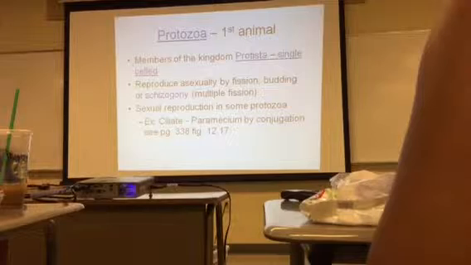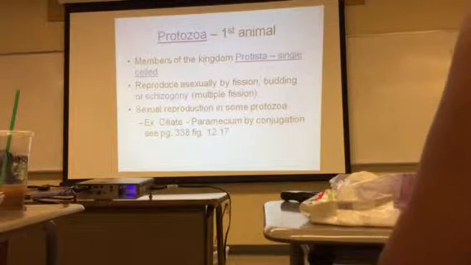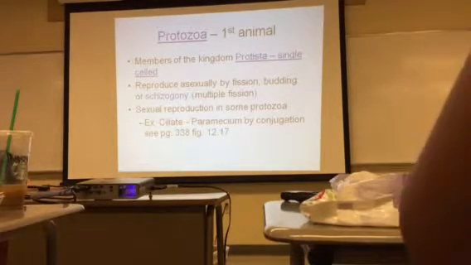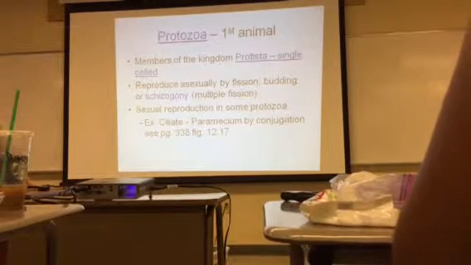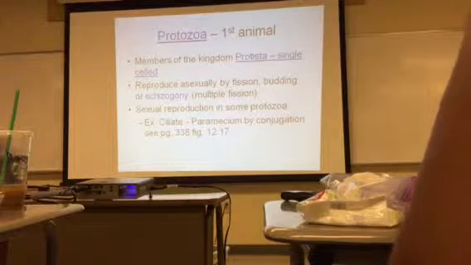There is sexual reproduction in some protozoa. An example might be one you saw in high school biology, a ciliate called a paramecium that can reproduce by conjugation, and you can look at that in your book.